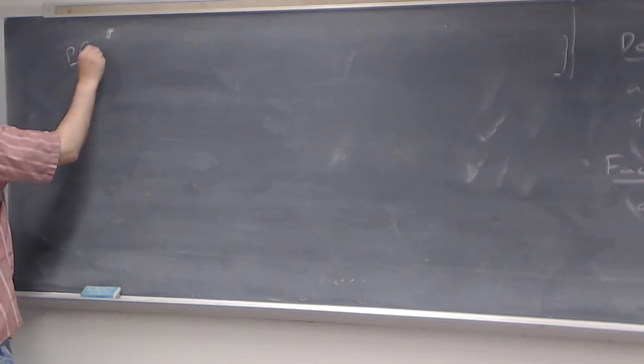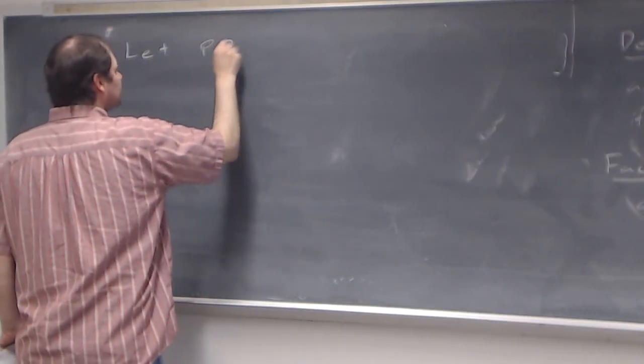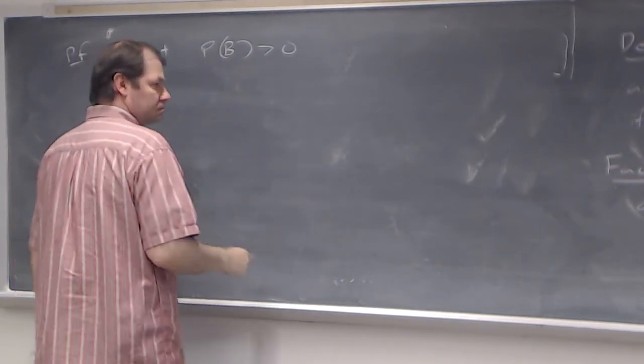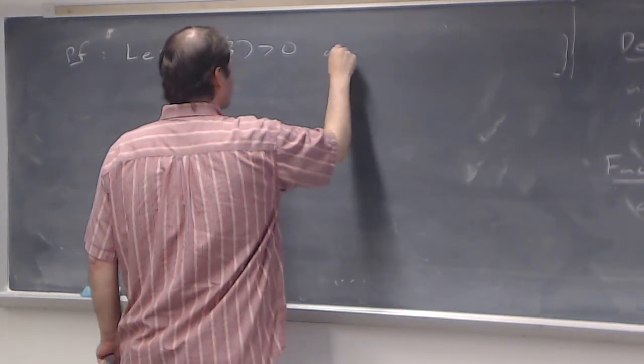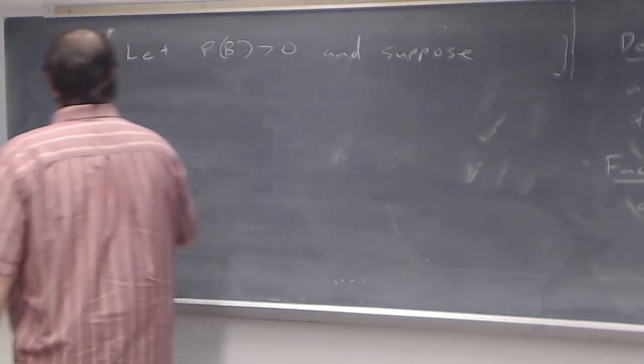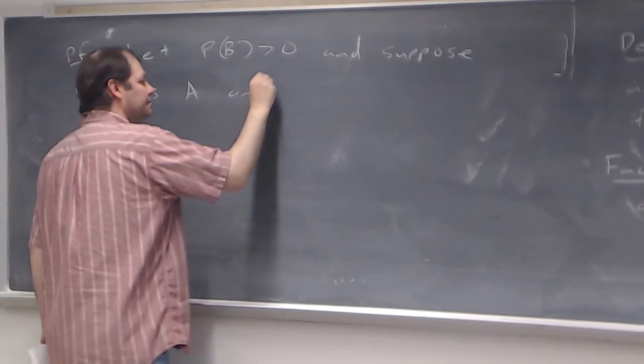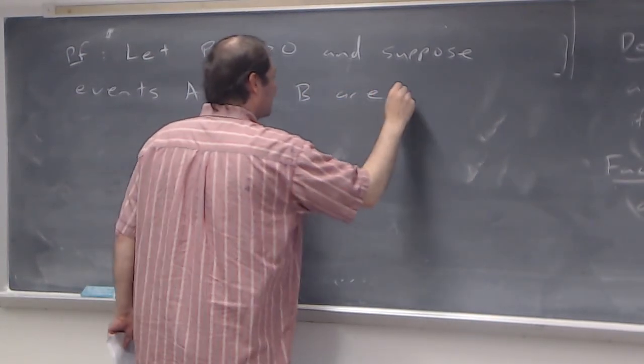Here's my proof. We let the probability of B be greater than 0, and suppose events A and B are independent.